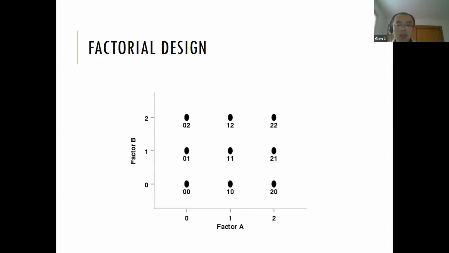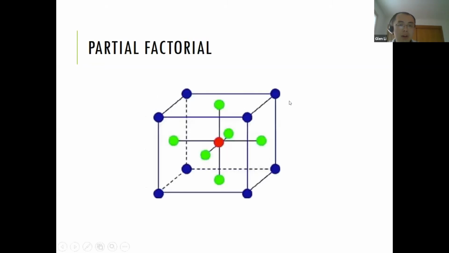So another concept in factorial design is the partial factorial. What you're seeing here is a cube. Imagine that this is a cube-shaped lattice, right? You have 3 dimensions corresponding to each of the 3 factors, and you have 3 levels. But you only do those experiments that correspond to these dots.